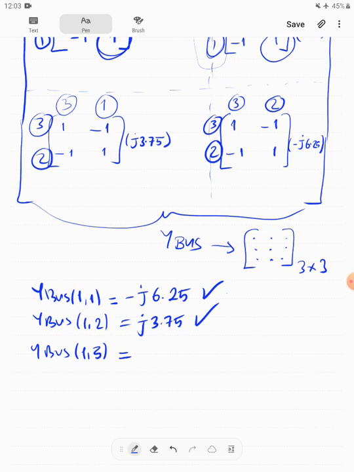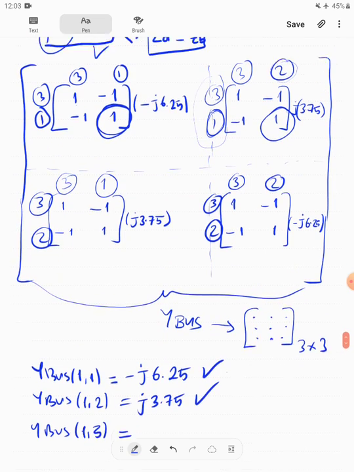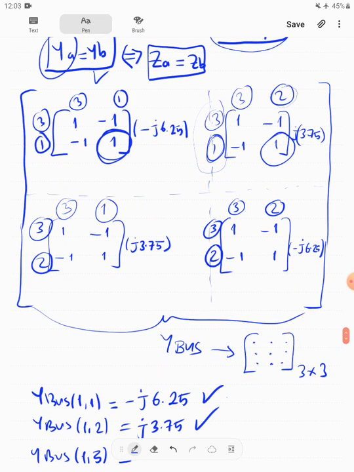Now we need to search all the entries whose row number is 1 while the column number is 3. I am searching for 1, 3. Yes, I found an entry like this, 1, 3.